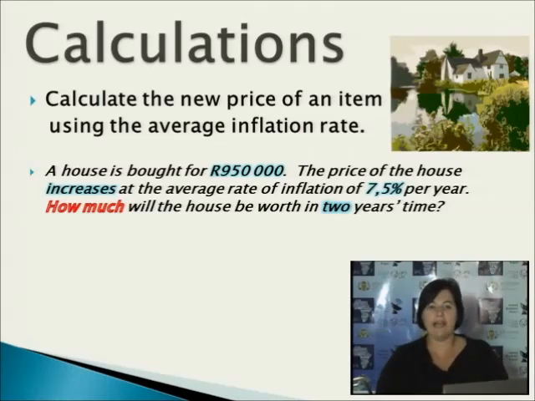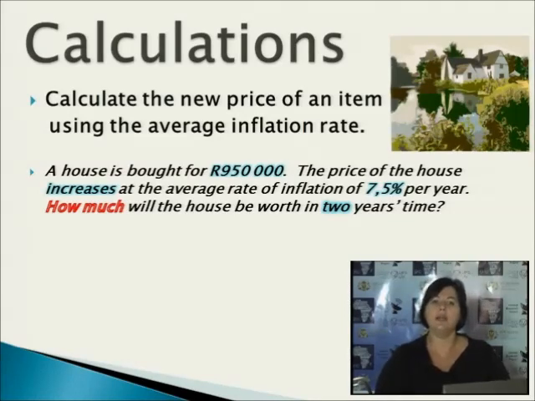They've given me values, a word that tells me it's going to increase, by how much it's going to increase, and over what period of time. My question, how much must it be in the end? So if my answer is in years, I know it cannot be right, because the question asked how much. Then I know it must be in rand.